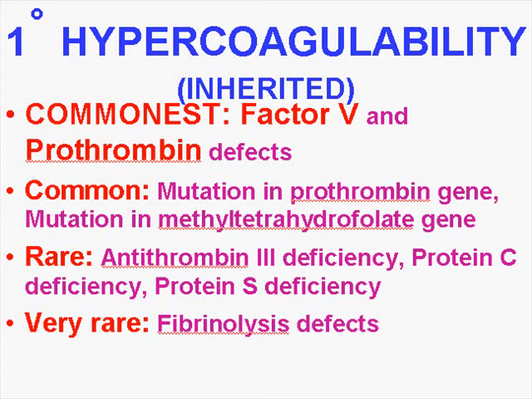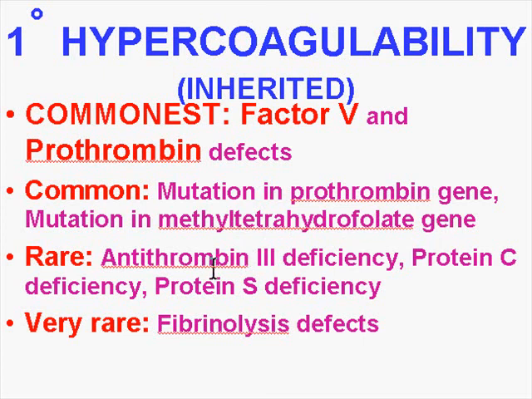But if they introduce a patient and it looks like they have a genetic or inherited coagulation problem, most likely it's going to be either factor V or prothrombin, because those are the most common. It's also fairly common to have mutations in the prothrombin gene or mutations in the methyltetrahydrofolate gene, if you want to remember those. The other ones are all rare.